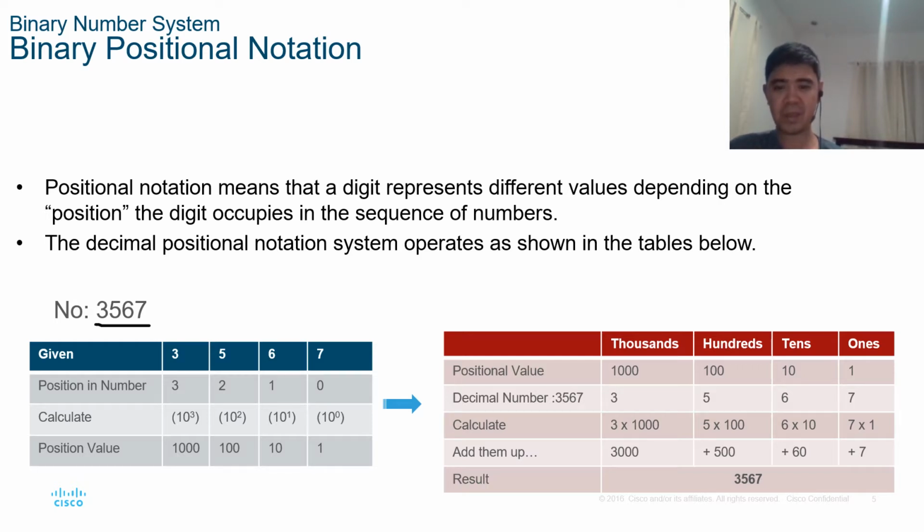So its positional values: 3 times 1,000 is 3,000, plus 5 times 100, so 500, plus 6 times 10, which is 60, and 7 times 10 raised to 0, which is 1. Any number raised to 0 is 1. So 7 times 1 is 7. We add this up, we have the given 3,567. This concept is very important in the binary decimal conversion.